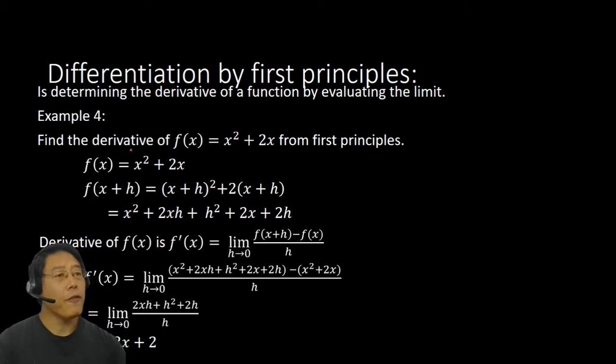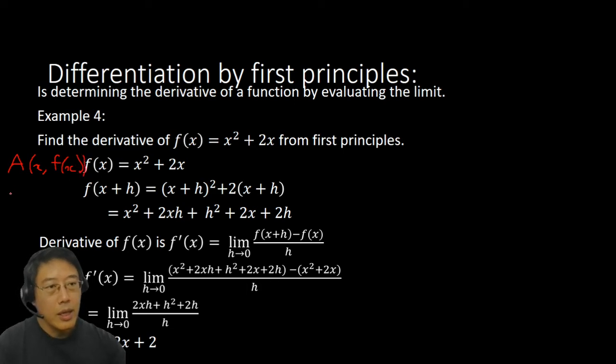So here you have a function, it's a quadratic, so it's x squared plus 2x. Using the first principle, you need to have 2 points. So your first point is a, x, f of x, and you have your point b, which is x plus h, and that one. So you determine your f of x is the same as your original function.